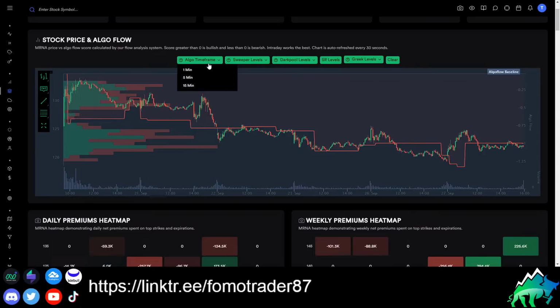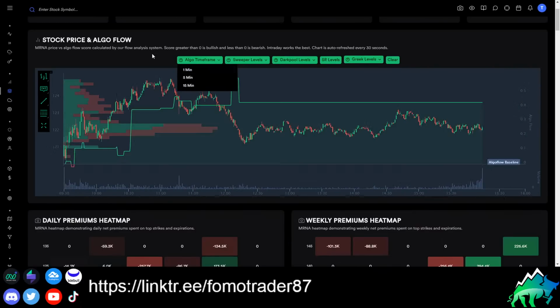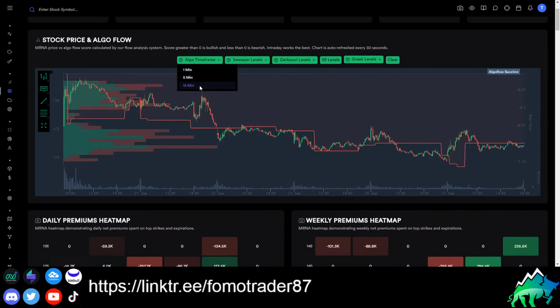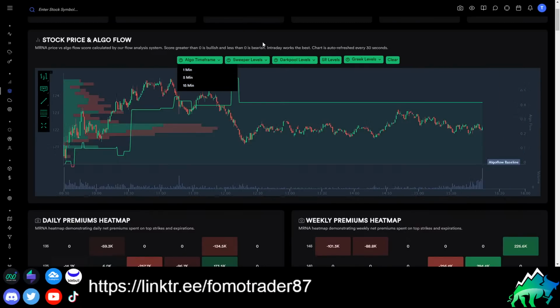And if we look at the 15 minute, we go all the way back to the 13th. So short term, bullish. A little bit longer term, slightly bearish.